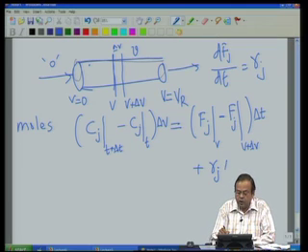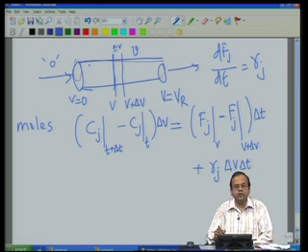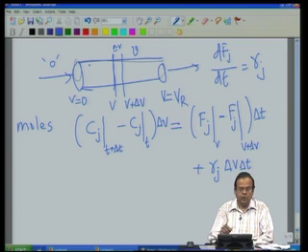So, Rj into delta V into delta t is how many moles of j have been generated in this interval. Once again we have a simple mass balance: accumulation is in minus out plus generation.